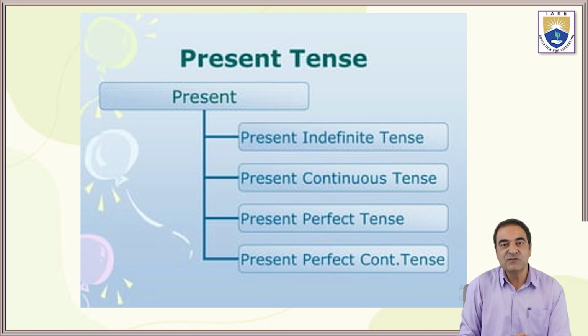Present tense has four divisions. The first one is present indefinite, as I told you, or you can say simple present or present simple. And the second one is present continuous. Third one is present perfect. And the last one is present perfect continuous tense.